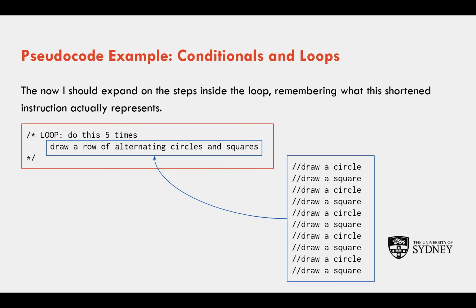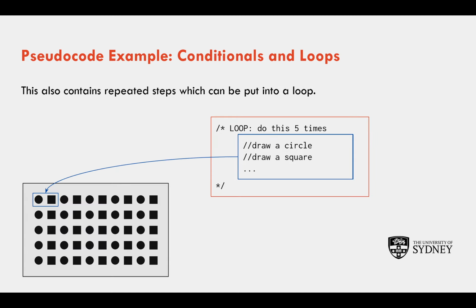Now, because this actually represents a lot of instructions, circle, square, we can break this up even more as well. You could leave it at this, and if you knew how to implement this without thinking too much, by all means go ahead. But I'm just going to break this down even further.